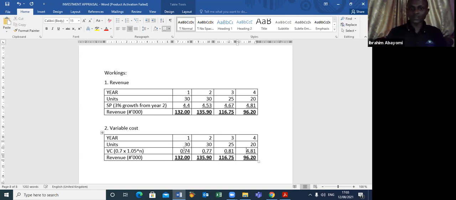The last one will be 1.05 raised to power 4 times 0.7. That will give me 0.85.